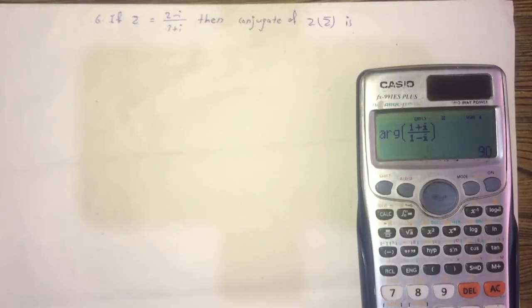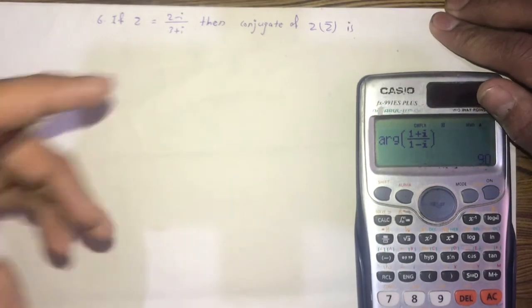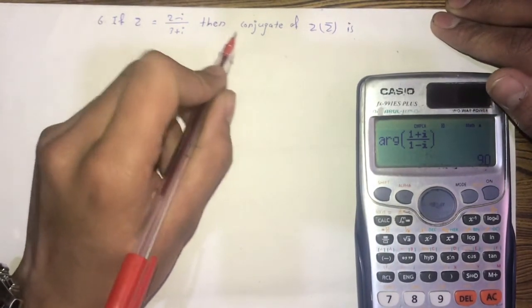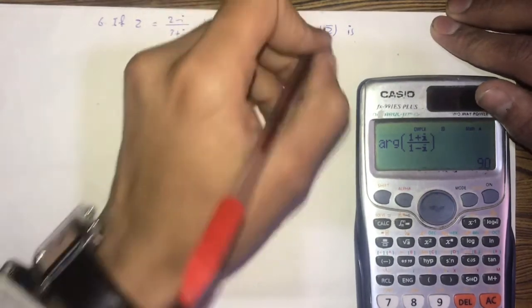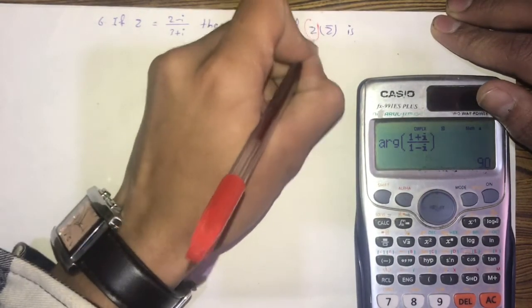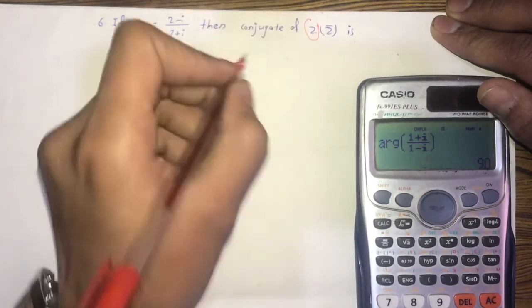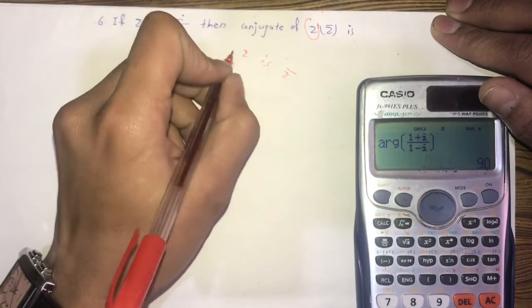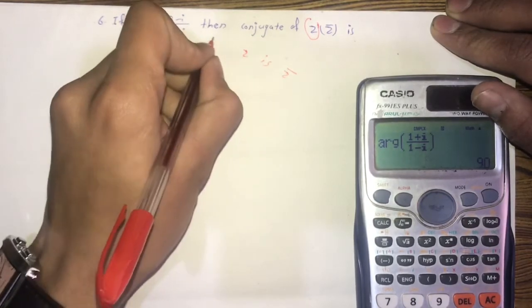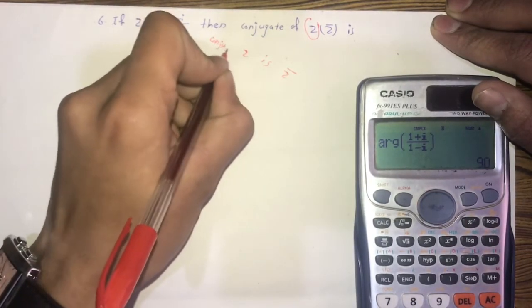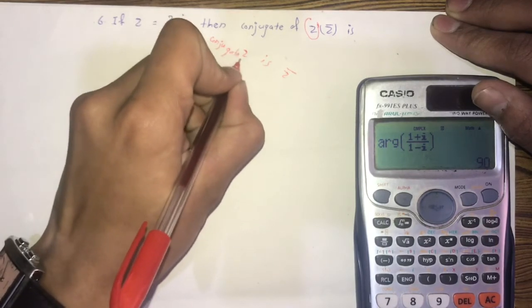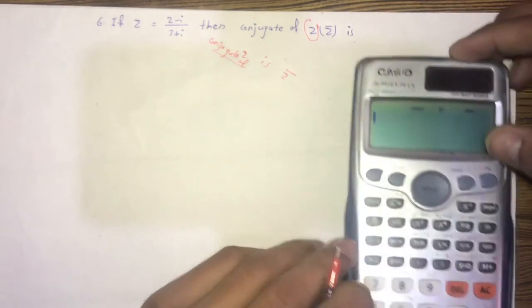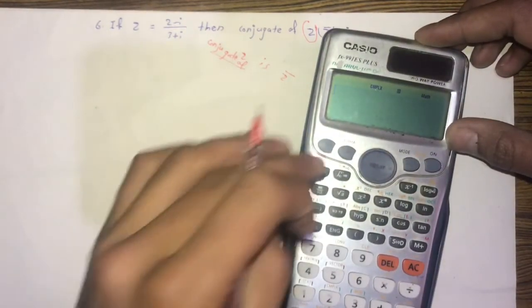Our next question is question number 6. It's z equal to 2 minus i upon 3 plus i, then the conjugate of z. It means its bracket means not multiplication. Separate, the conjugate of z is z bar. To get the conjugate it's also simple.